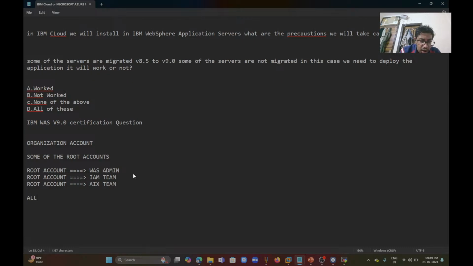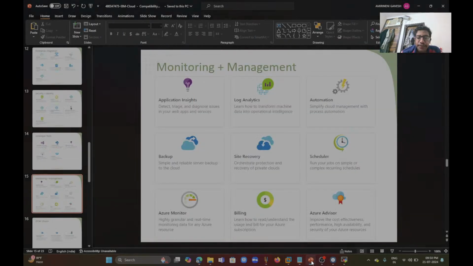Like this, all root accounts will be managed with organization accounts. This is in real-time scenarios in the cloud services. Like this, it will be there.